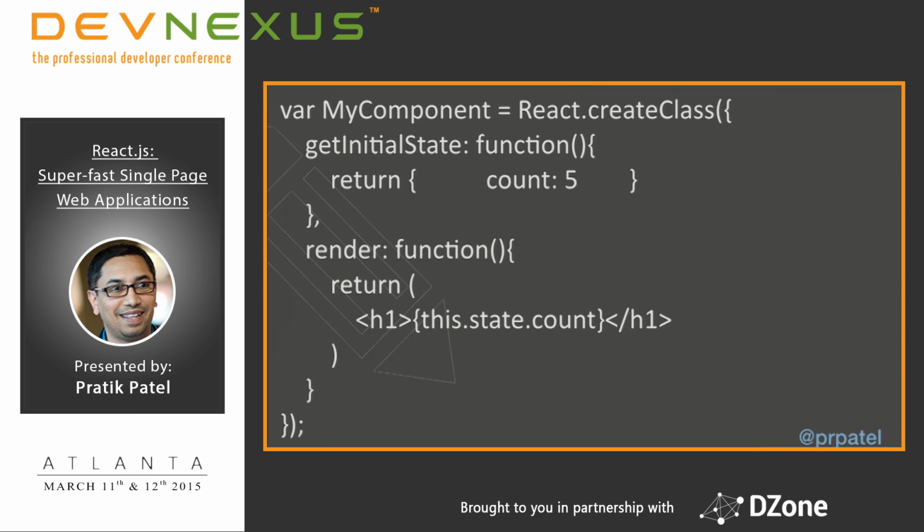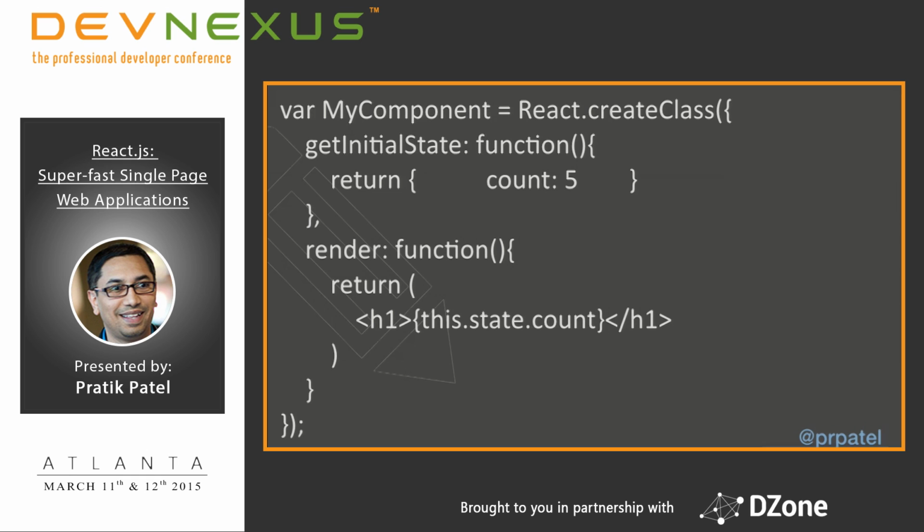So you can see here I have getInitialState, right? You don't typically hard code the initial state like this. You usually pass in the initial state as properties, as I showed before. Remember when I passed my name into a React component, you typically do not hard code the state like this, right? But for this example, I just want to give you an idea of what you can do in initial state and how that state is used.